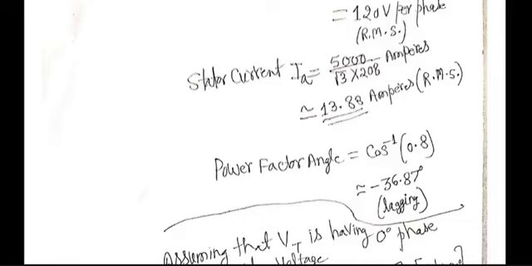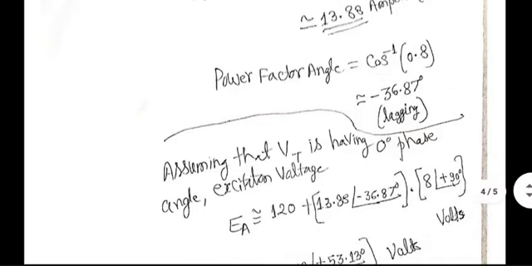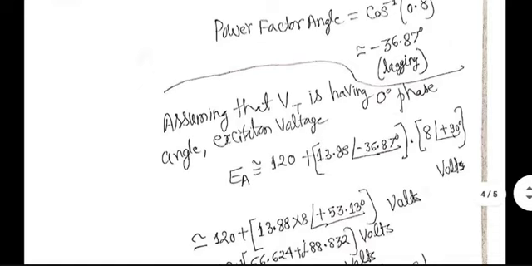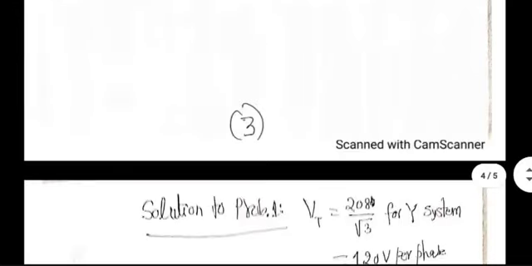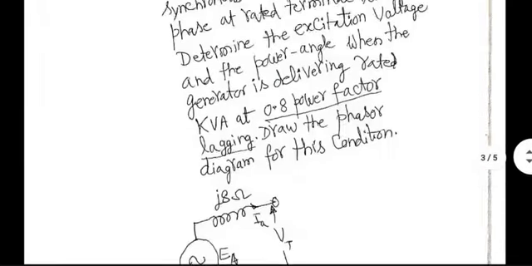That is the complex value for IA. Right here, you are now in a position to determine EA. We would assume that VT has 0 degree phase angle.